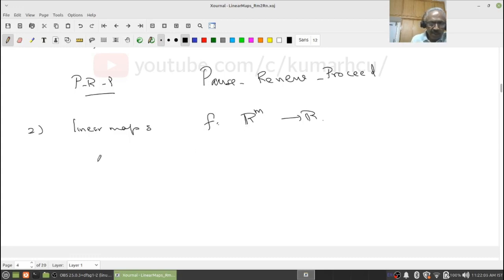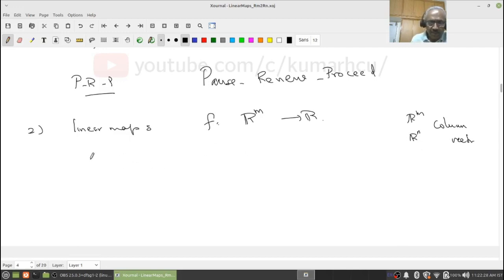The basis for Rm. I will think of Rm as column vectors. Usually in algebra we think of it as a row vector. The reason for a row vector is that it is easier to type, otherwise it takes a lot of space. But in general it's easier to think of this as a column vector.